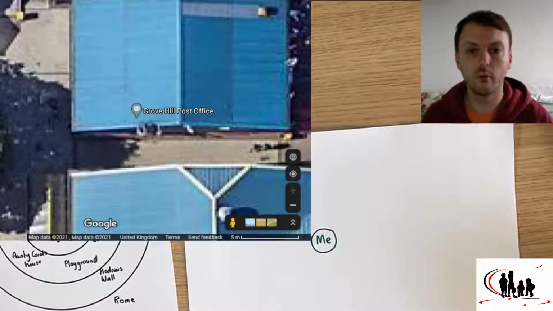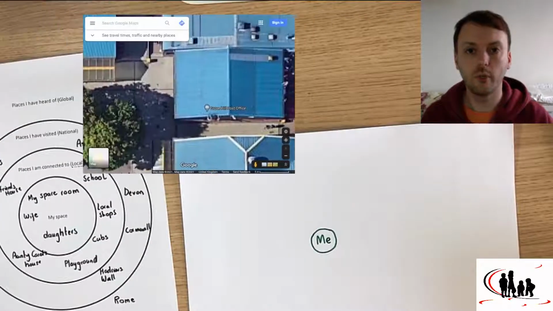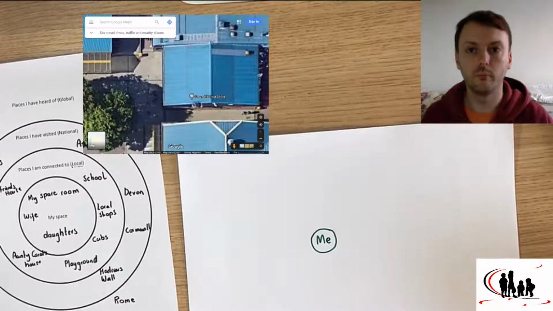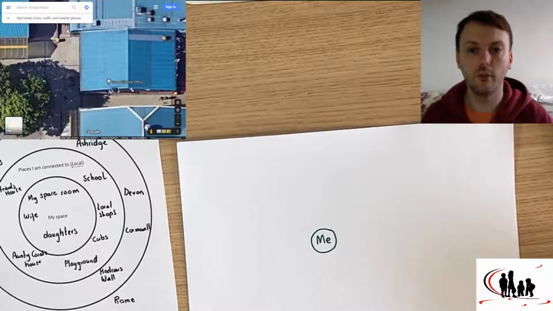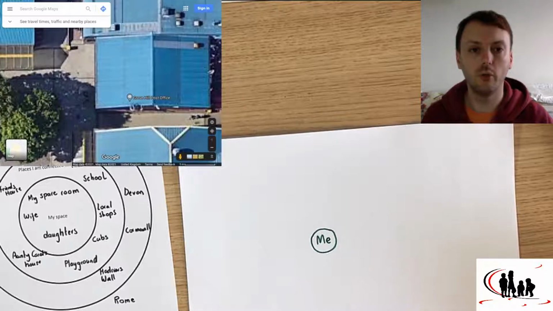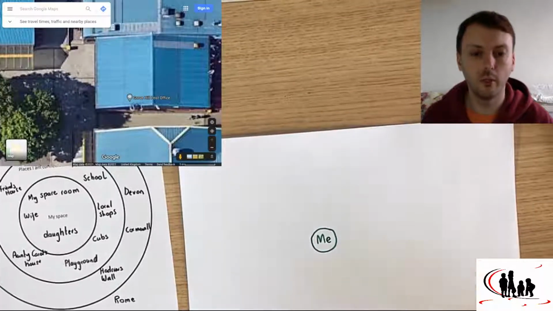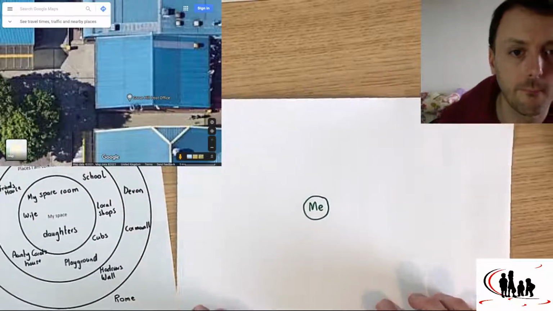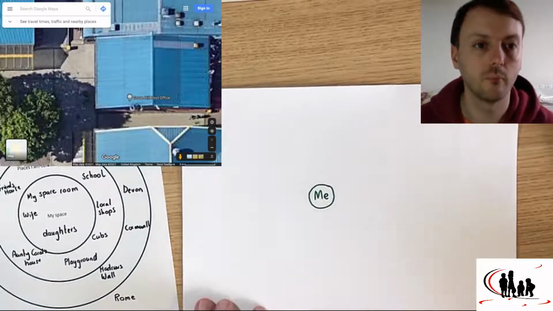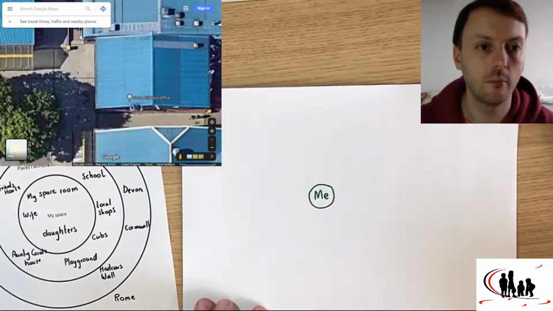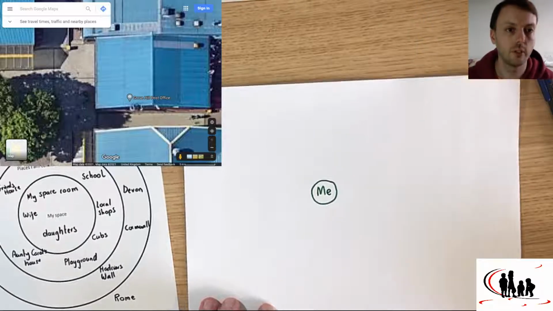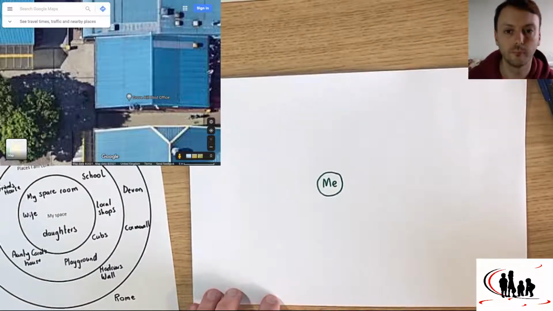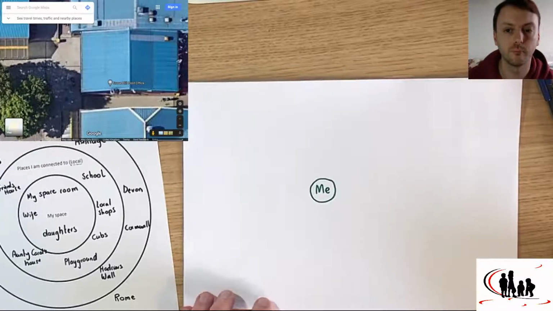So let's shrink Google Maps a little bit. I'll pop it up there so you can see what I'm doing. You can also see that map. Might shrink me for a minute just to give us a bit more space. Right.